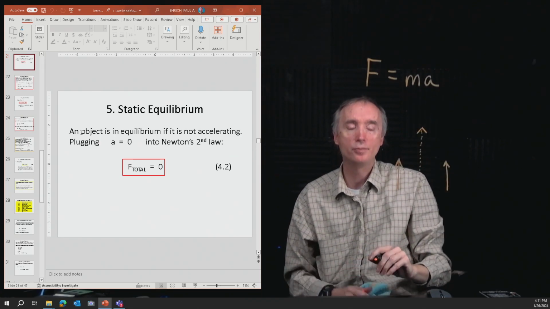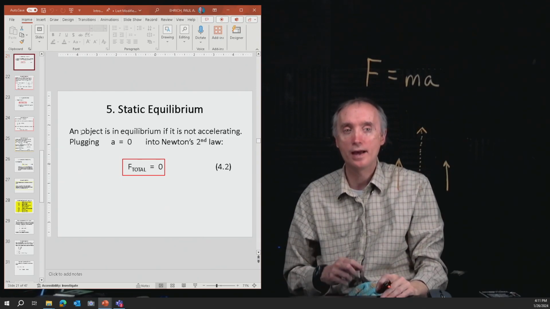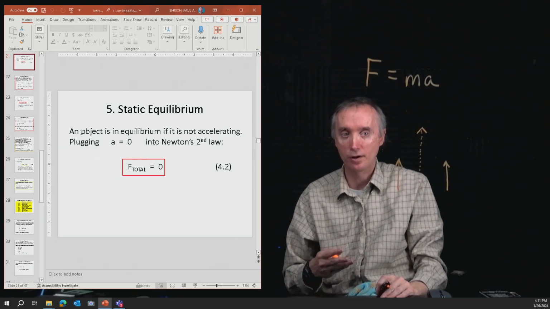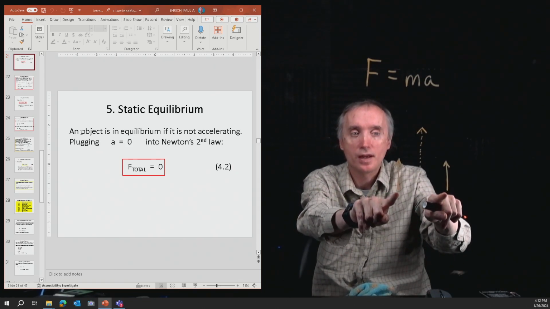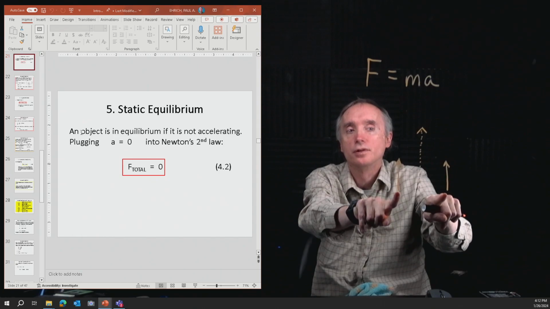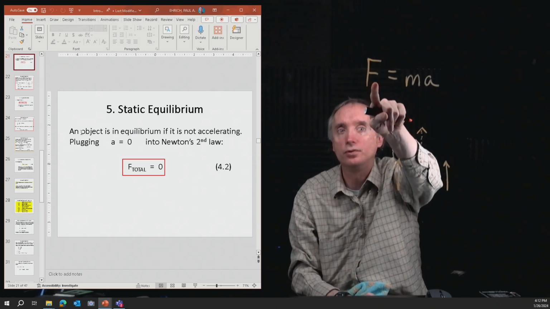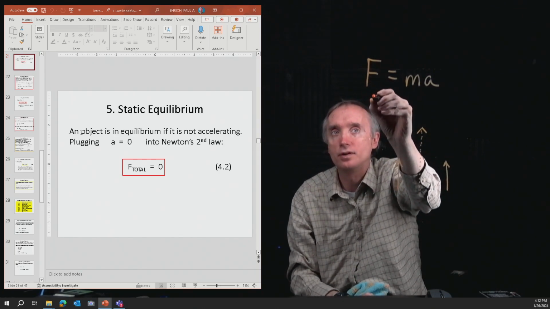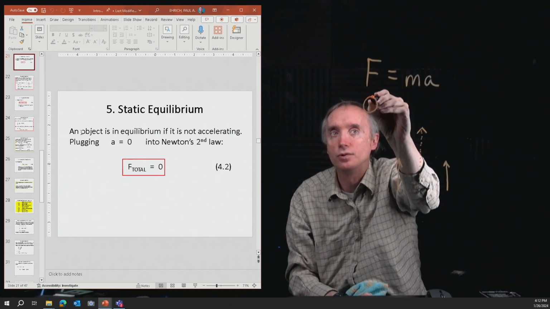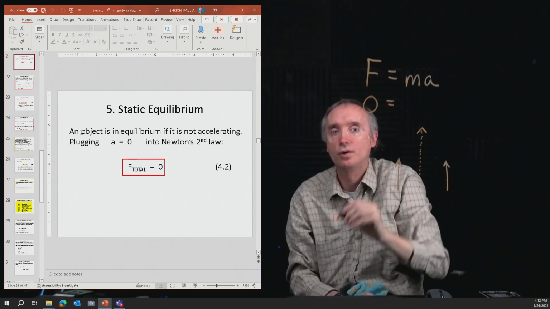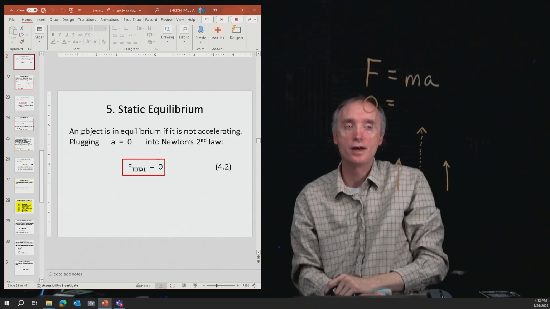But what would happen if we add a third arrow to this so that these two arrows cancel out? So that the total force acting on the system would be equal to 0. What would happen if we did that?